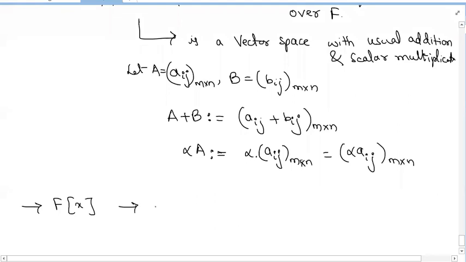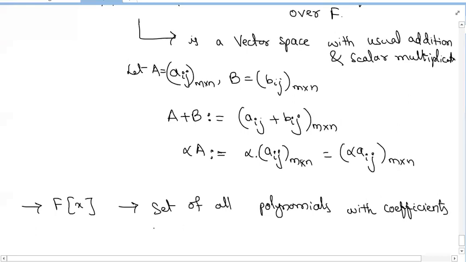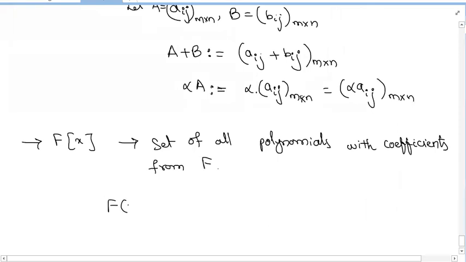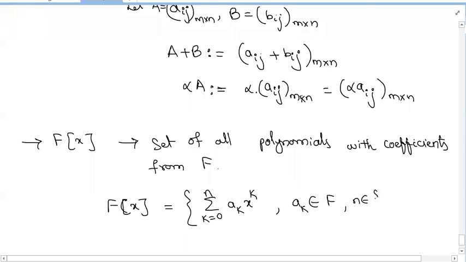It is the set of all polynomials with coefficients from F. Set theoretically, F[x] is equal to the set of sums of ak x^k, k running from 0 to n, where ak are from the field, and n is 0, 1, 2, 3, and so on.